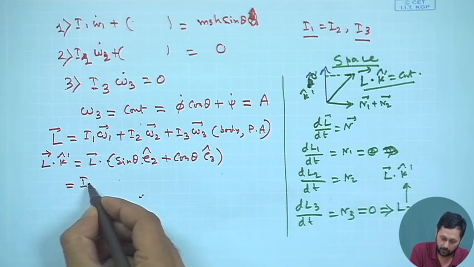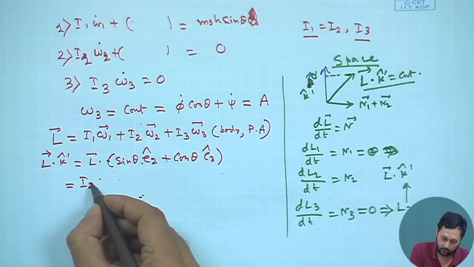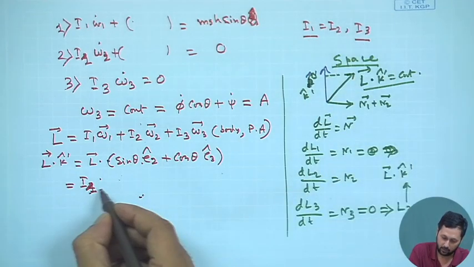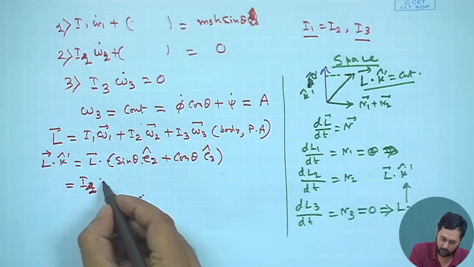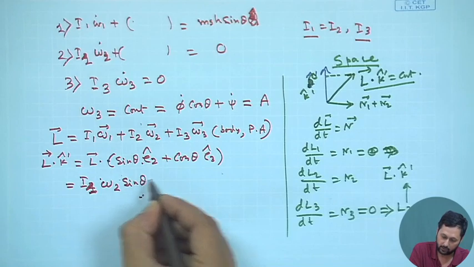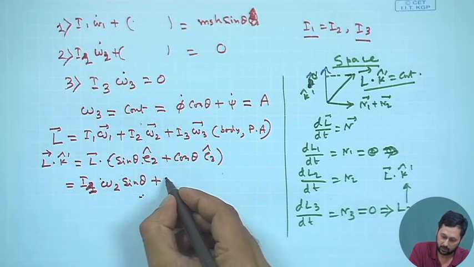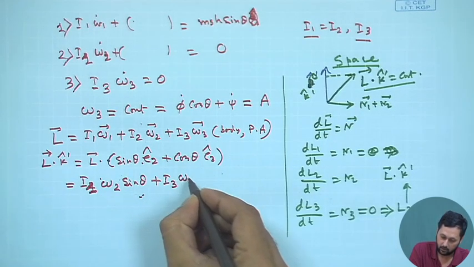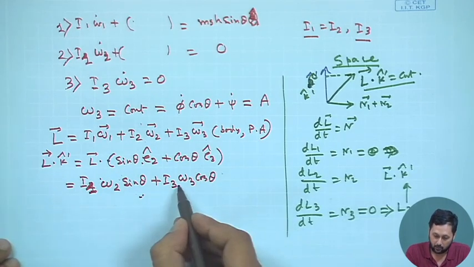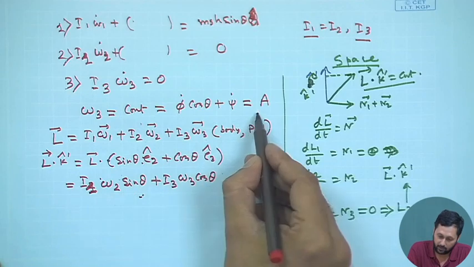So, it will be I1, because we are writing I1 and I3 only. So, it will be I1 omega 2 sin theta plus I3 omega 3 cos theta, and you recall that omega 3 is a constant which is A.